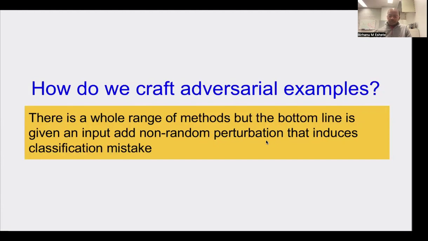So there's a whole range of methods, but the bottom line, as we said, for adversarial examples is given a function f, an input x, and a true label y_true of x.